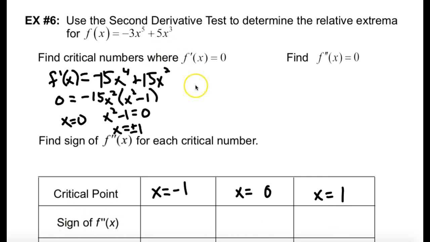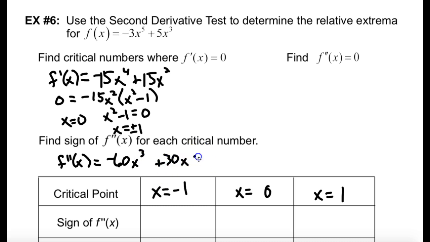Now, let's find the second derivative. Okay, so my second derivative, f double prime of x, will be negative 60x cubed plus 30x.